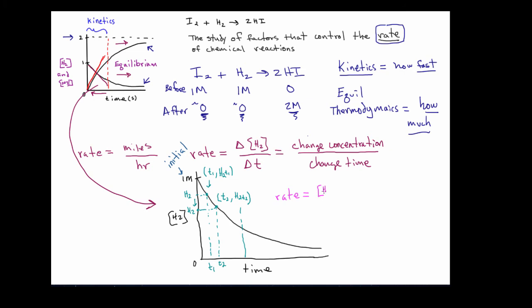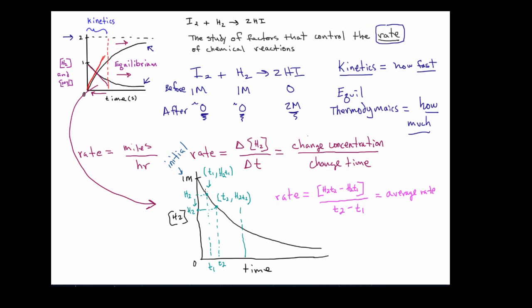So it's going to be H2 at t2 minus H2 at t1, divided by t2 minus t1. And this is going to give us an average rate for the time interval that we have between these 2 points.